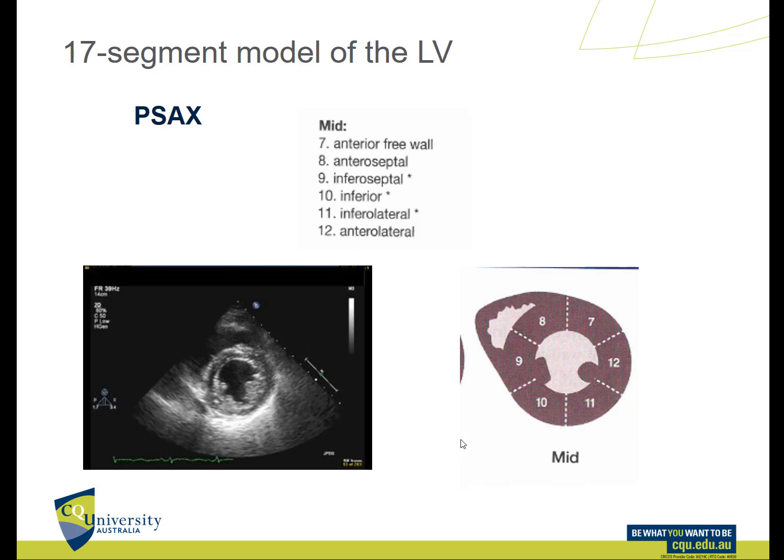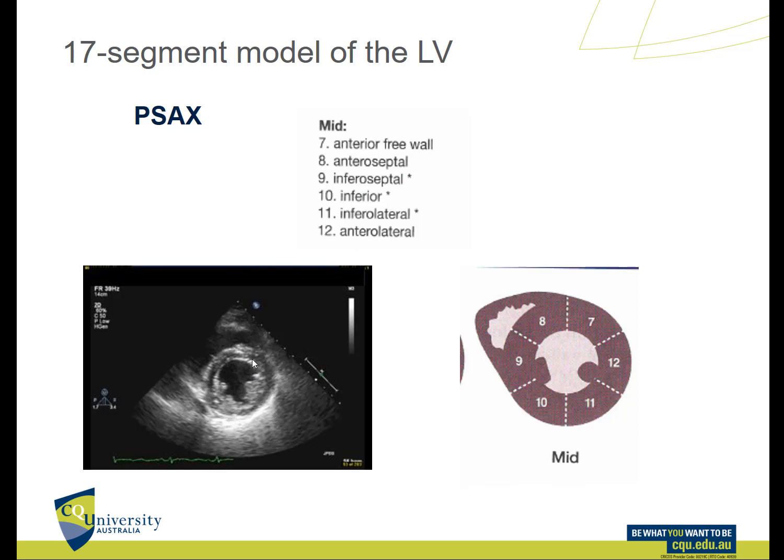All right. So what about when we're looking at short axis? So this model right here can look a little bit complicated because we are just looking at this mid-level parasternal short axis, and we can see all of the walls at once, just at the mid-level. So if we follow this around, we can break it into segments. If we start right here, this is our anterior wall.